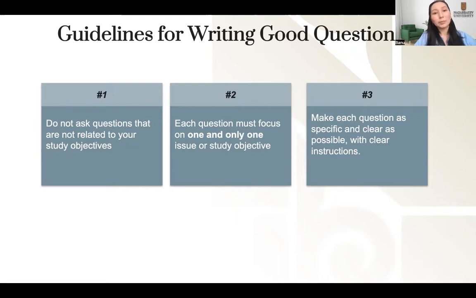The next is make each question as specific and as clear as possible, with clear instructions. It is also very crucial to provide clear instructions and to leave little to no room for ambiguity, so the respondent, at the very beginning, at the comprehension stage of the mental process of answering, will have no problems understanding the question you are asking.